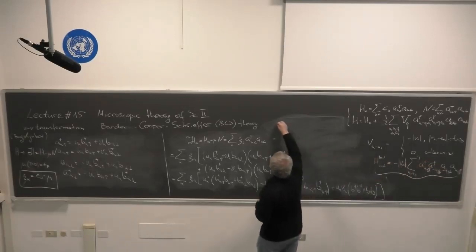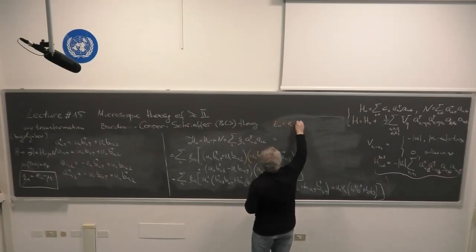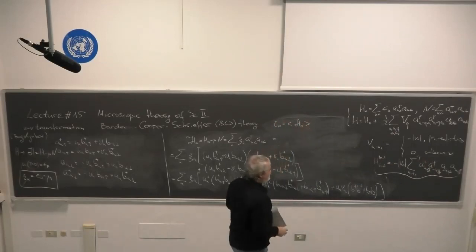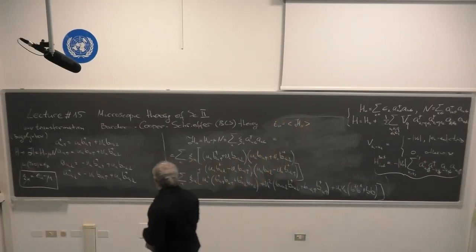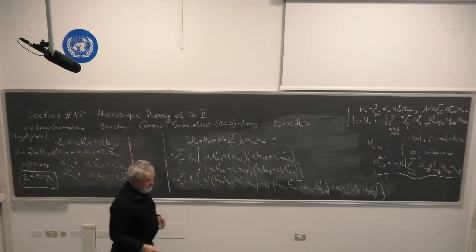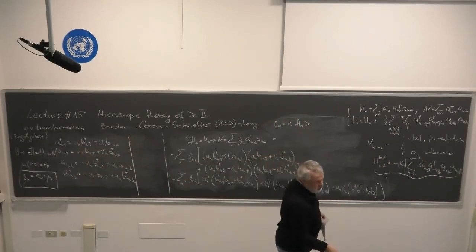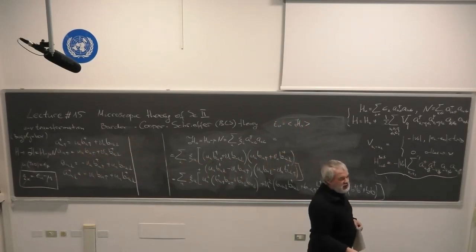If I denote E_0 as the expectation value of the Hamiltonian H_0, I need to take the following averaging. You may think that I'm dealing with the ground state if I'm at zero temperature, and with Gibbs states if I'm at finite temperature.